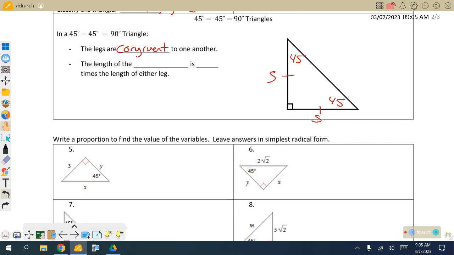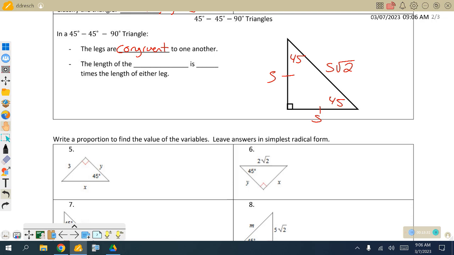And when you found 1, 1 root 2, 3, 3 root 2, 10, 10 root 2, there's a pattern always happening: if you know one leg, the other leg is congruent, and the hypotenuse is always the leg times root 2.